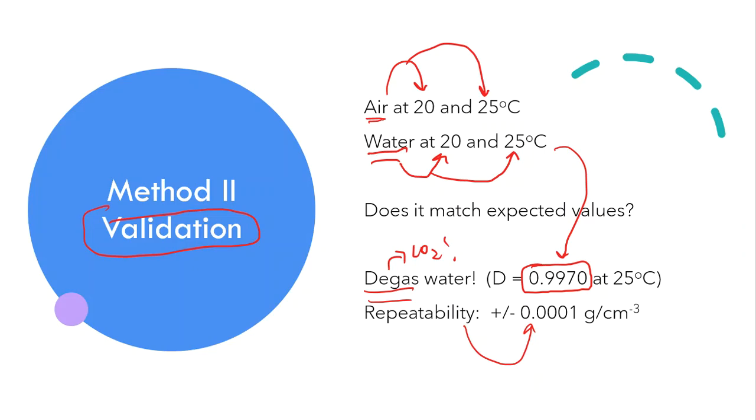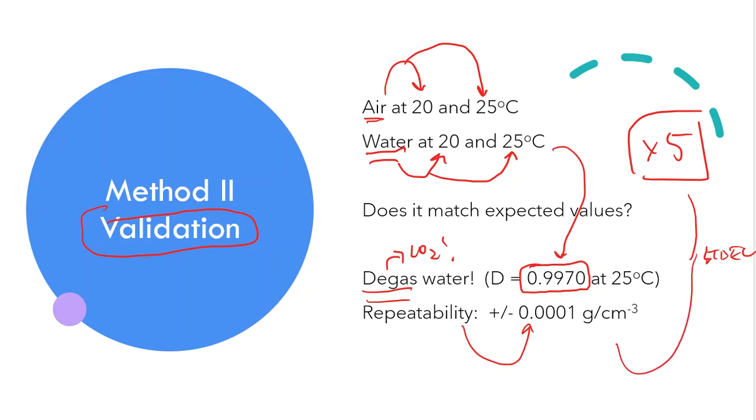So we want these numbers really close together, and that is why these density meters will often do 5 measurements of density. It calculates an average. It gives you that average, and the average is what we're looking at for acceptance criteria. And then it's also doing 5, because by doing 5, it can calculate a standard deviation, and that standard deviation is going to be given to you on the report, and we hope that that standard deviation is 0.0001, give or take a little bit.